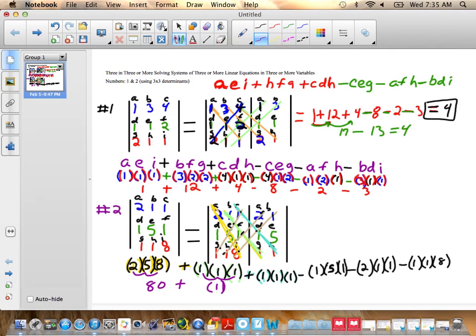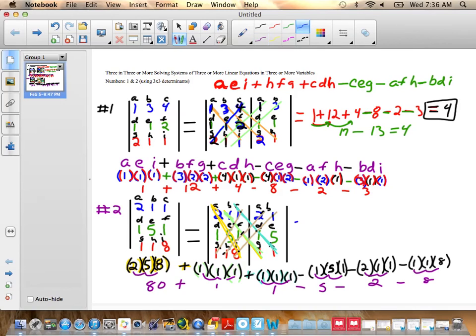Plus 1 times 1 times 1, so it gives me a 1. Minus 1 times 5 is 5, times 1 is 5. Minus 2 times 1 is 2, times 1 is 2. Minus 1 times 1 is 1, times 8 is 8.